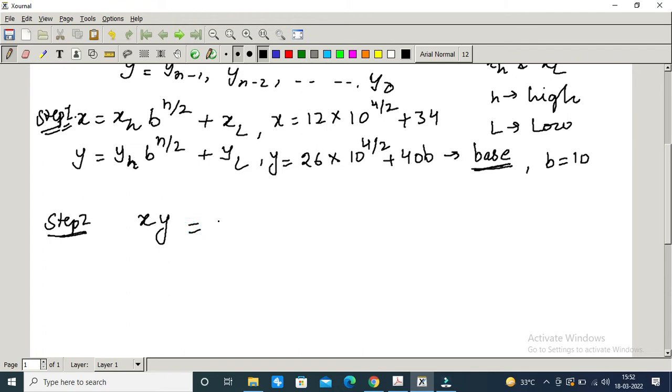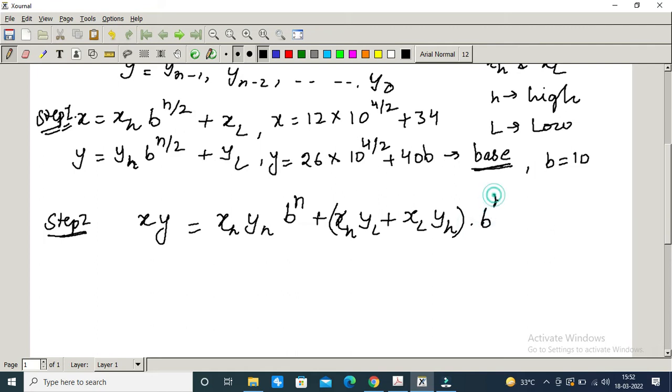So xy will be xh yh b^n plus xh and yl, plus xl and yh, multiplied by b raised to power n by 2, plus xl and yl.